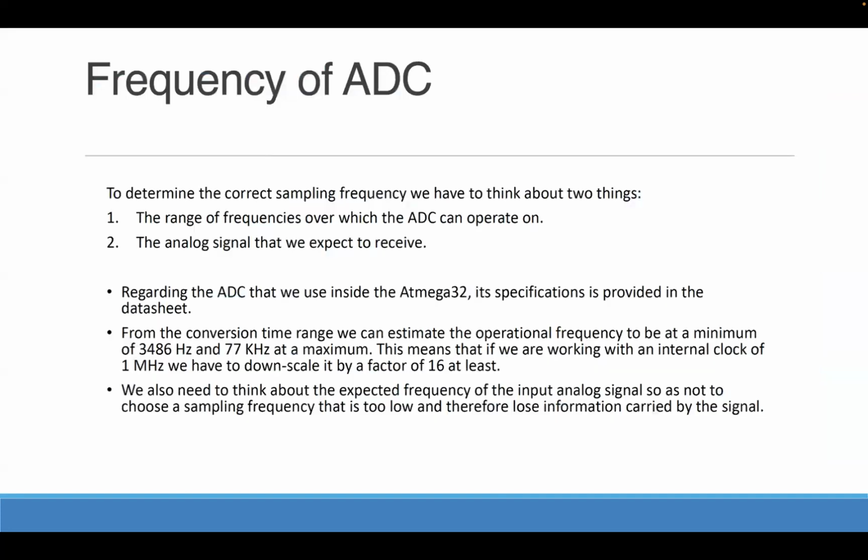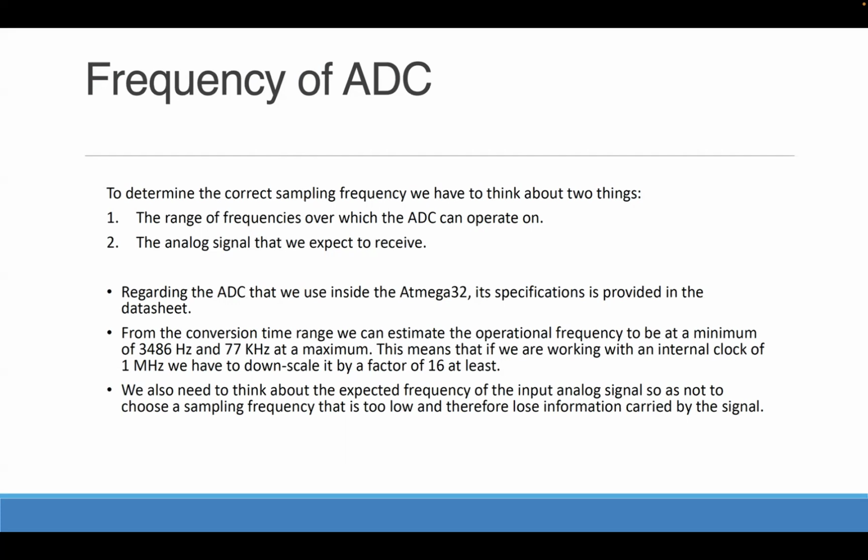Now, we can also highlight the frequencies that we are working on. We know that the ATmega32 works in a range of 1 megahertz to 16 megahertz.